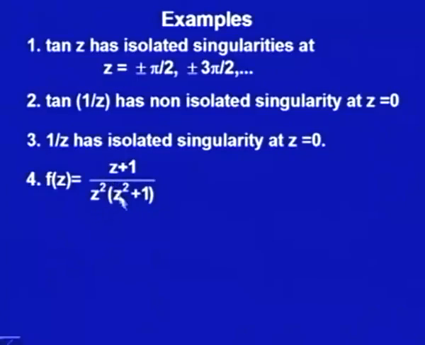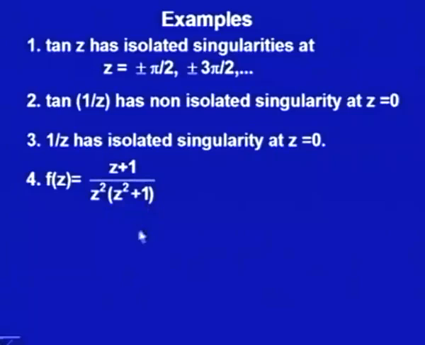Now let us take another example. f of z is z plus 1 upon z square into z square plus 1. We see this is a rational function, where the numerator is a polynomial as well as the denominator.